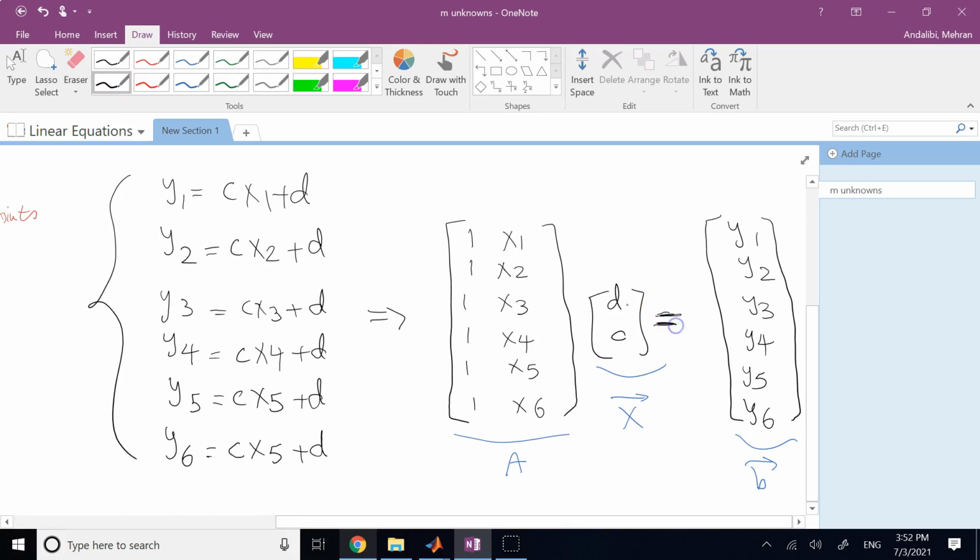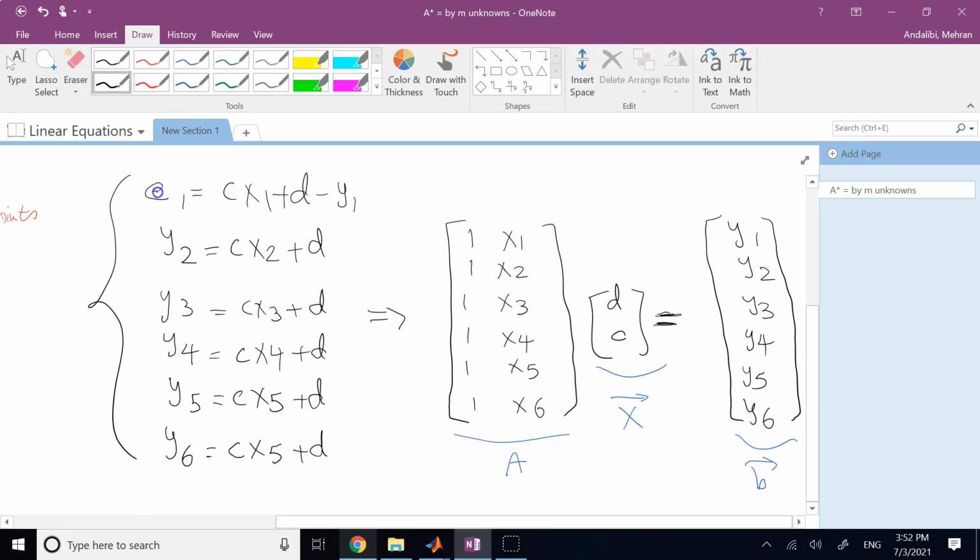So what you do instead, this is what you do. You try to bring y1 to this side and say this minus y1 is equal to some parameter, and call it e1.